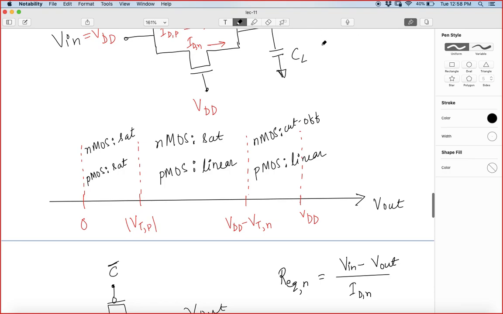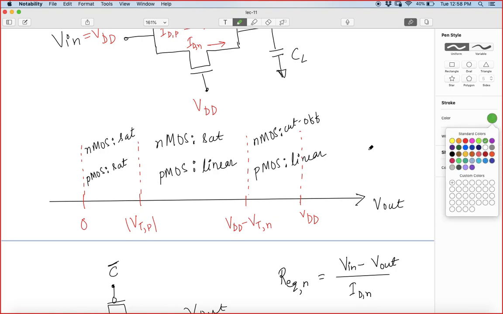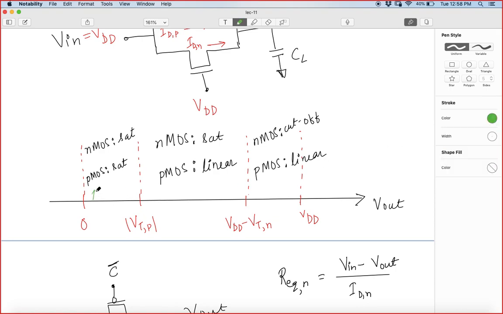So let's call these three different regions by different names. Let's use a different color. Let's call it region 1, region 2 and region 3.